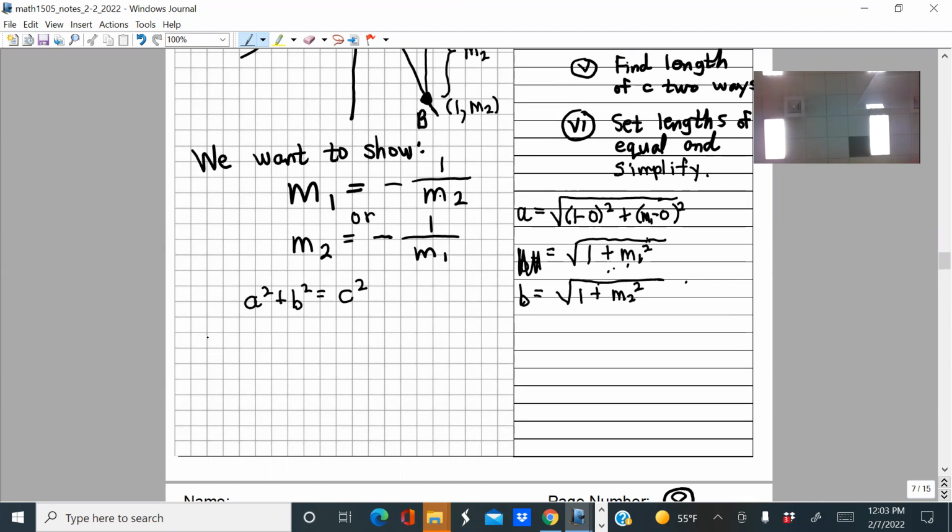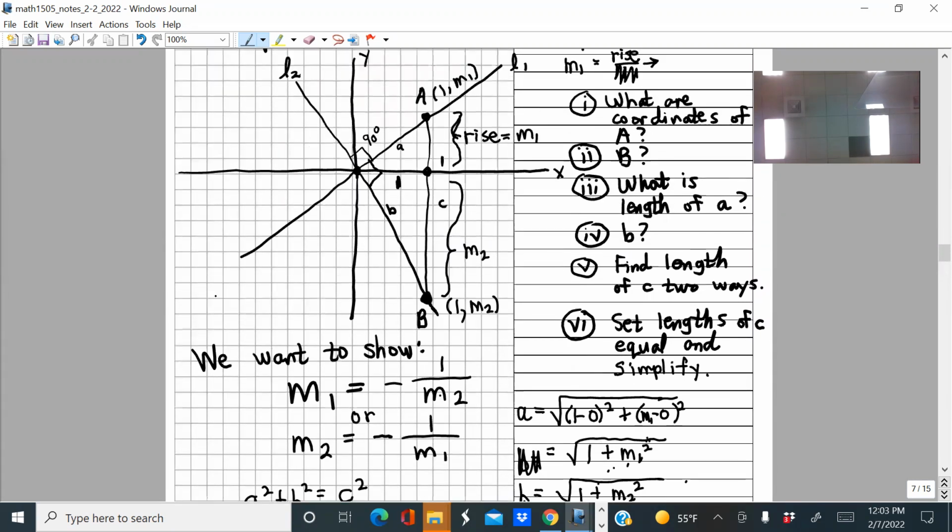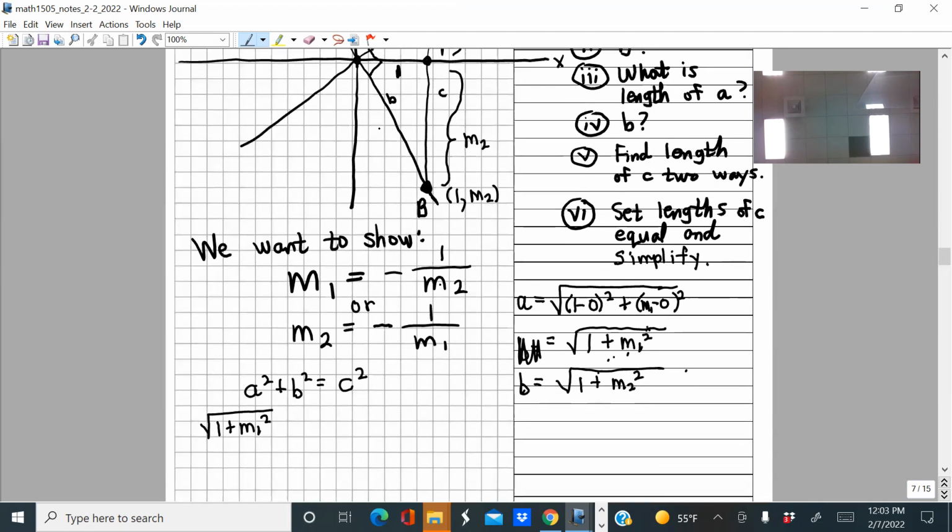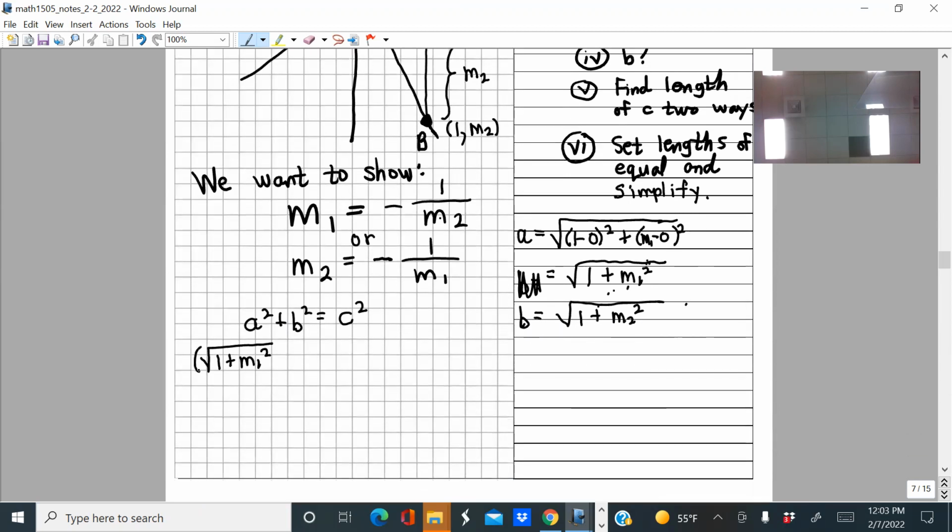So we know A is the square root of 1 plus m sub 1 squared. That's this length A in the picture. But we're squaring this, right? Because the Pythagorean theorem says you take A and square it. That's really convenient here because it's going to cancel this square root. Plus, same thing for B. It was the square root of 1 plus m sub 2 squared.